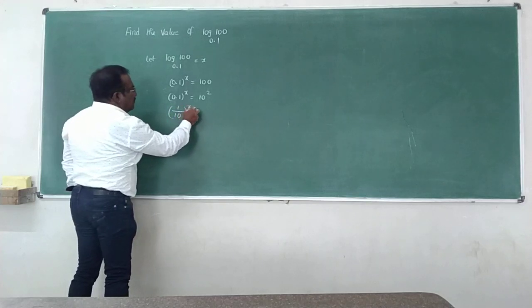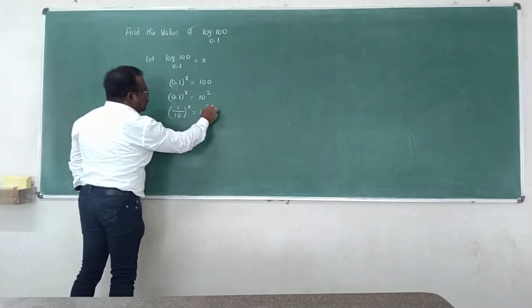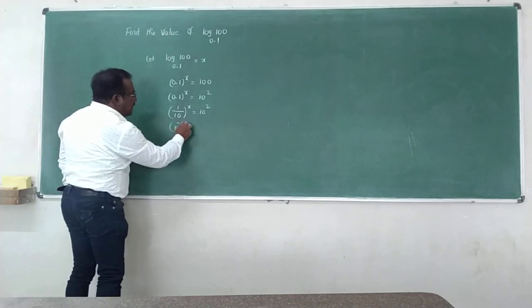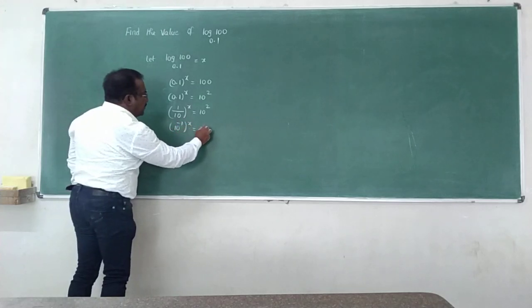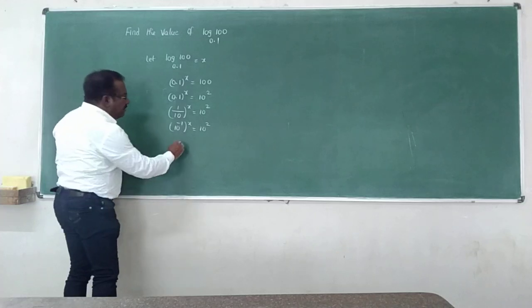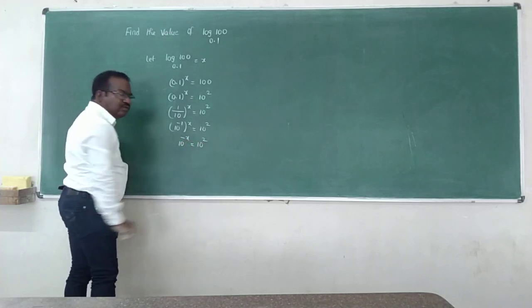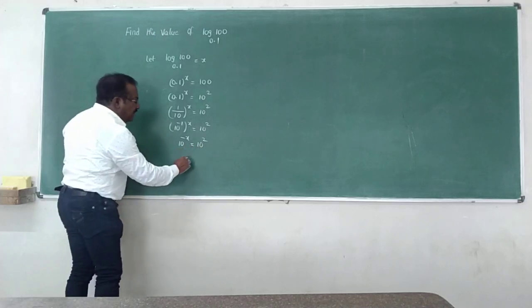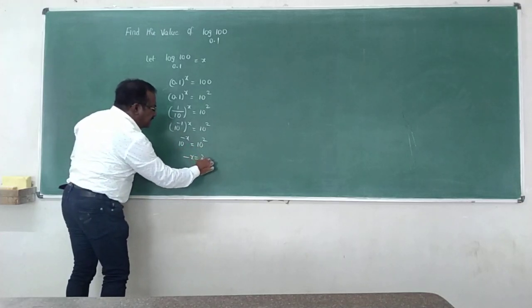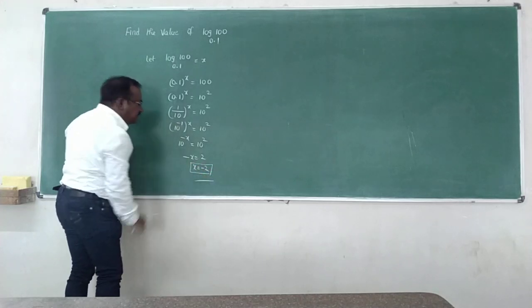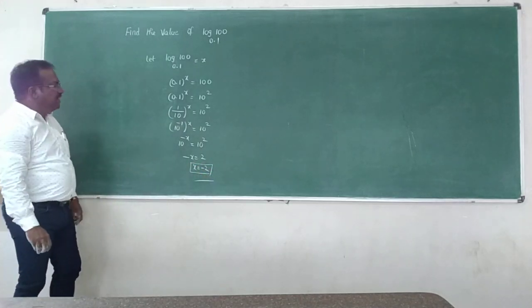Yes. 1 by 10 whole power x is equal to 10 square. 1 by 10 we can also write as 10 power minus 1, so 10 power minus x is equal to 10 power 2. Bases are equal. We can make the powers equal. That is, x is equal to minus 2, children. This is the answer.